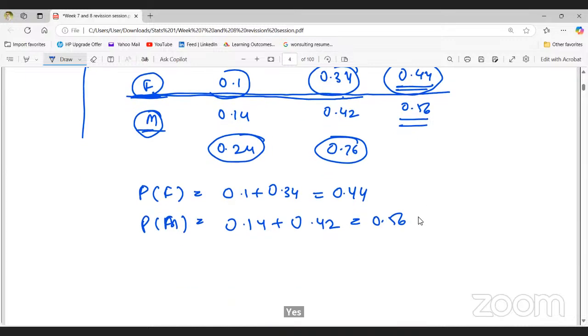Now, what are conditional probabilities? What do you mean by conditional probability?